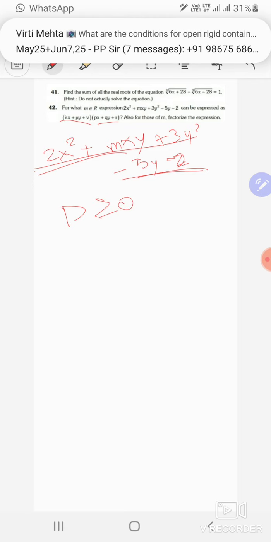Here's the thing. If this expression can be factorized into two linear factors, that means for every value of x, you will have at least one value of y which satisfies it, which means that for any value of x, the discriminant of this equation is greater than or equal to 0.